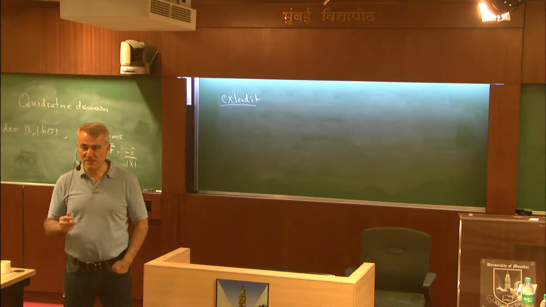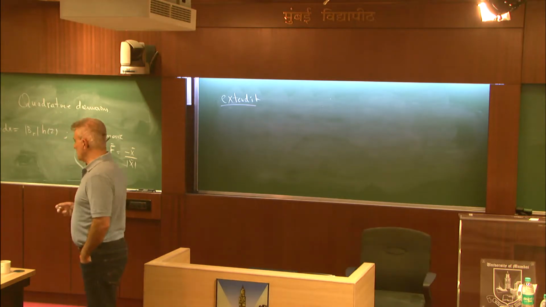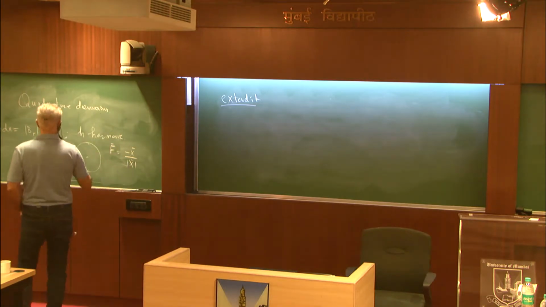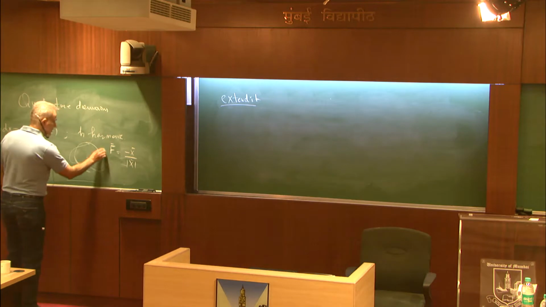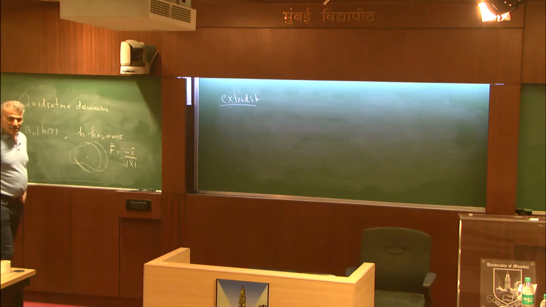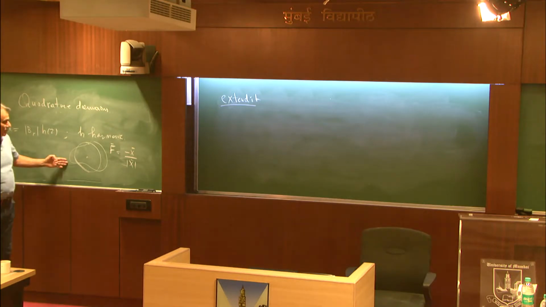So let's say uniqueness is the question. If the gravitational field of another body is going to be this, does that body have to have the shape of a ball?